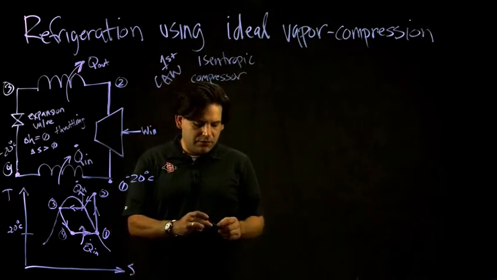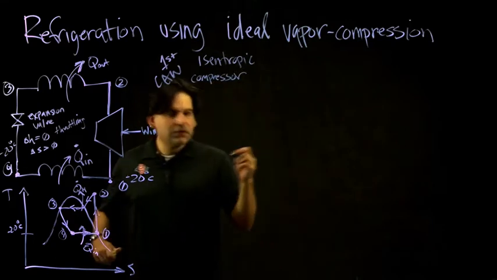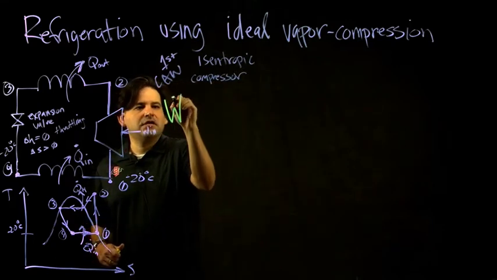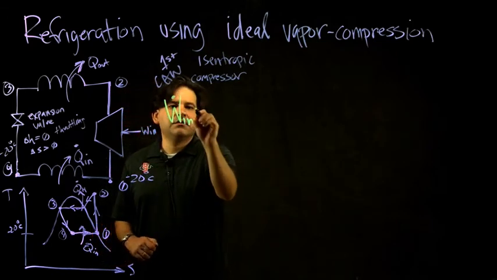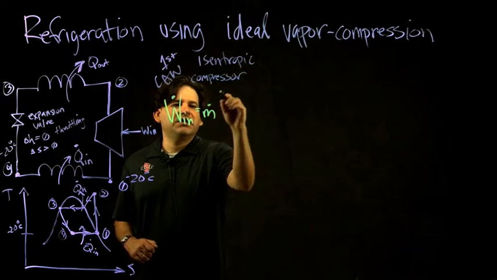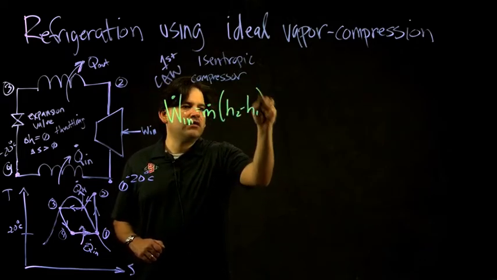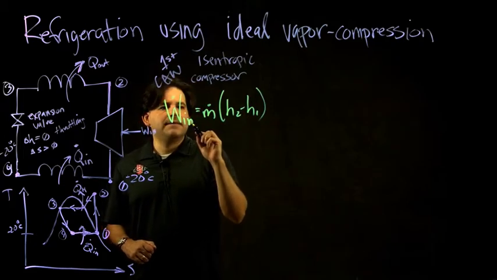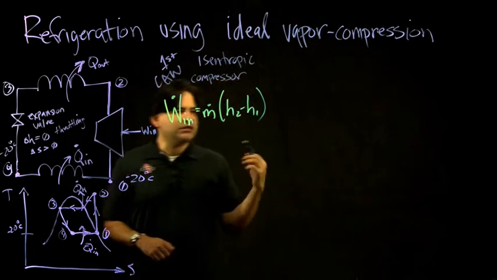So the first law for that is the work into the compressor is balanced out by some change in enthalpy. It's a steady flow device, and the mass of the refrigerant stays constant throughout the cycle.